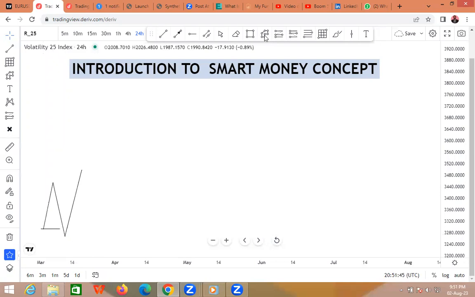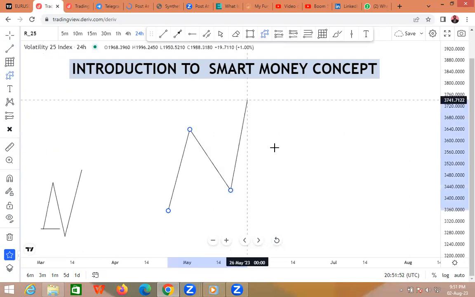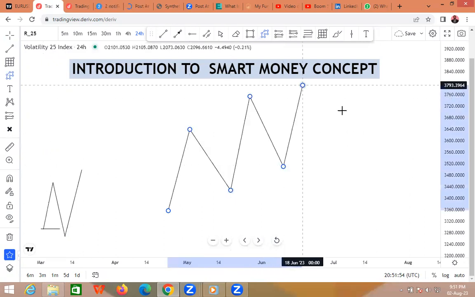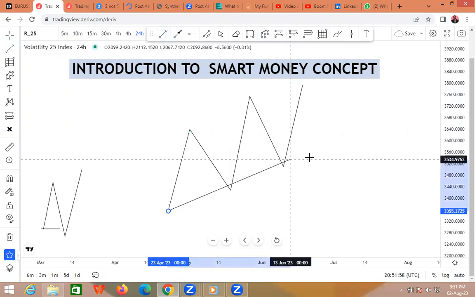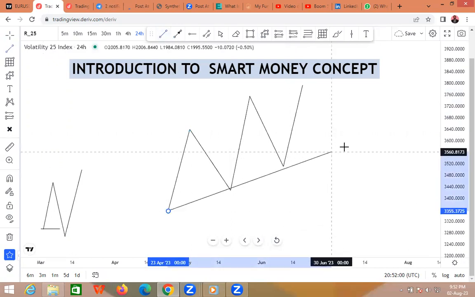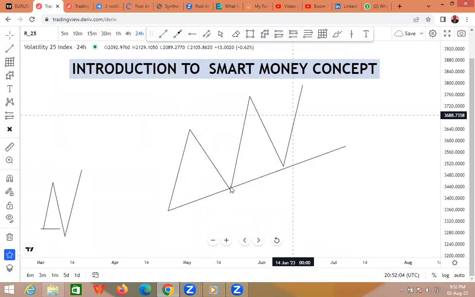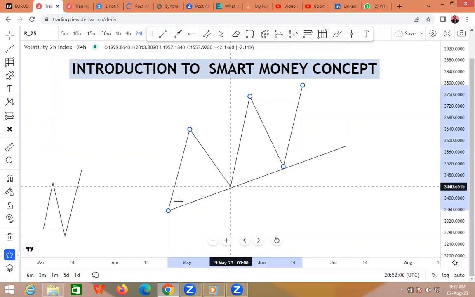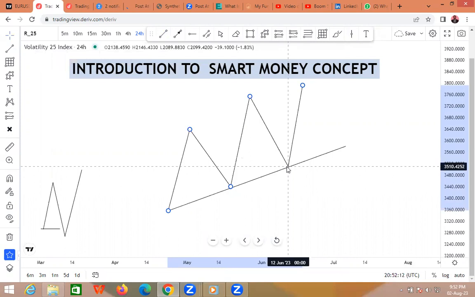Because there are a lot of retail concepts that we use to trade. Some people trade trend lines. For those that trade trend lines, they tell you once price hits the line the second time, a trend line has been established. So they wait for the first hit, the second hit, then the third hit is a short trade for them.